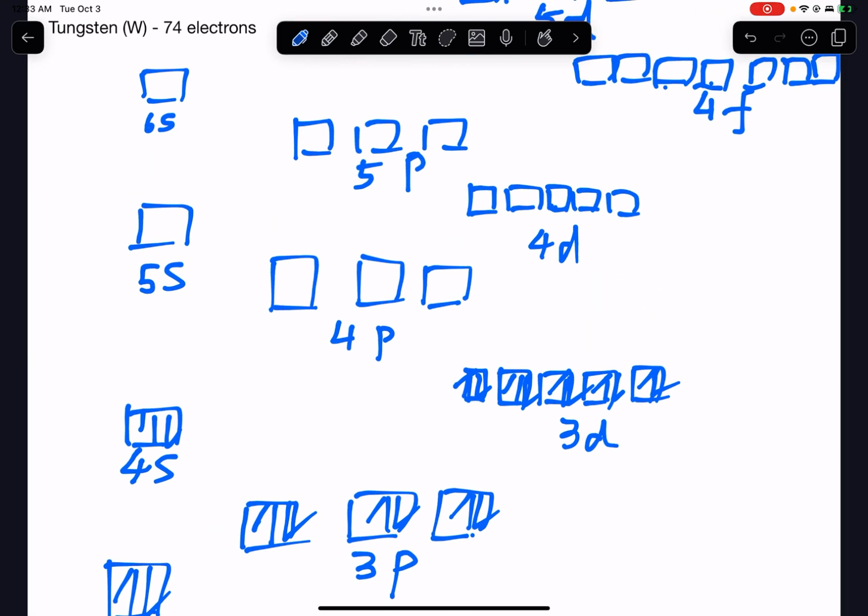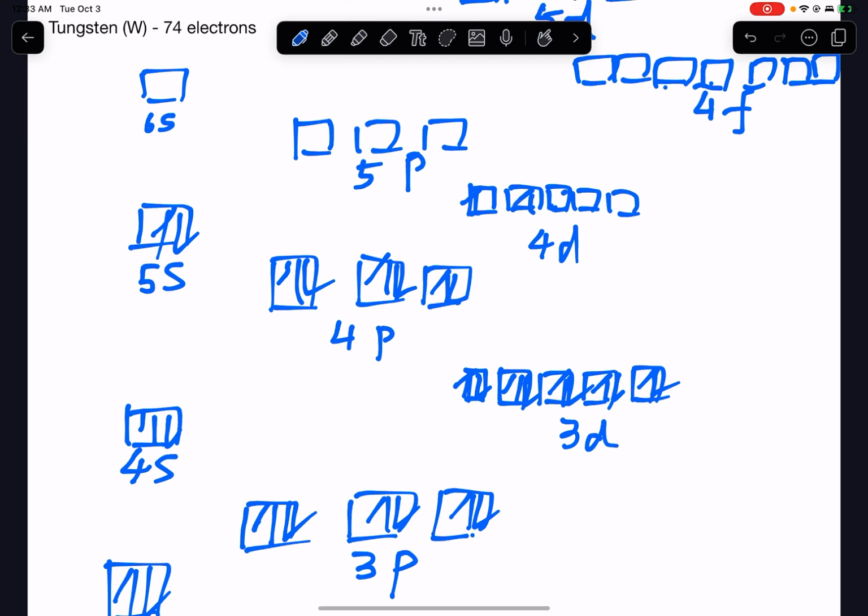And that's up to 4p. So 4p, what we have over here is basically full shells as well. But we have to follow Hund's rules, where every single box has to be filled singly first.